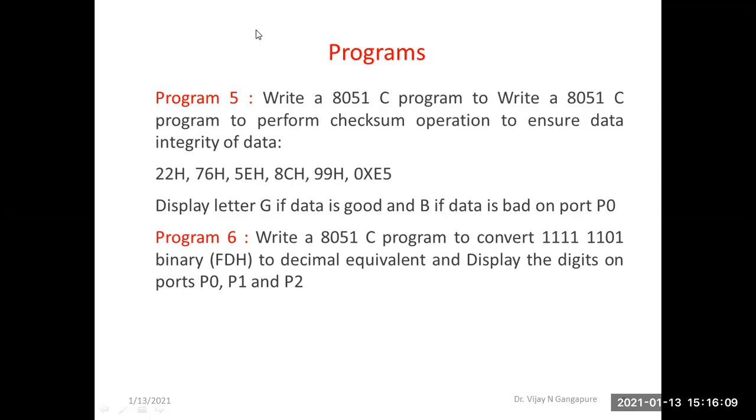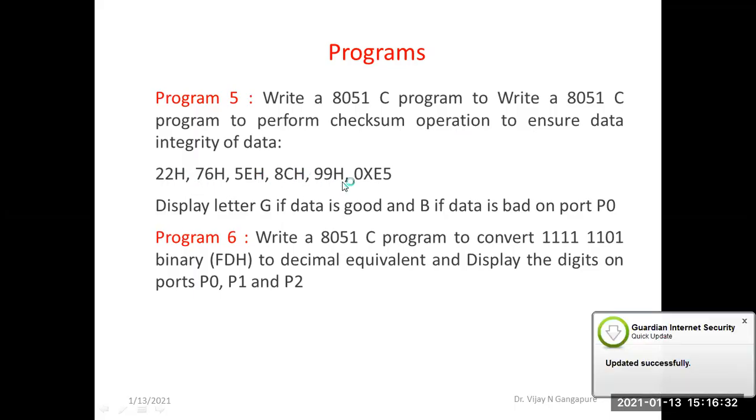Program number 5 is: write an 8051 C program to perform checksum operation to ensure data integrity of data. These data bytes are given, of which we have to check the data integrity. These bytes are received at the receiver end. The total bytes are 1 2 3 4 5 6.